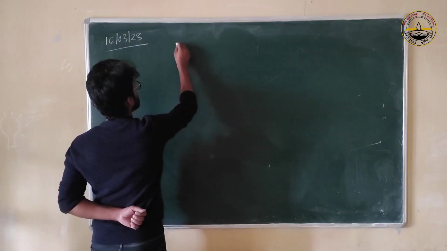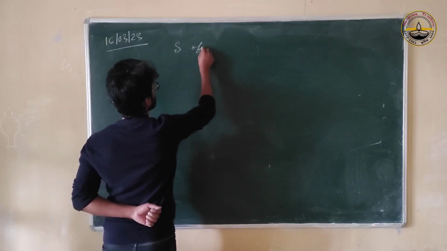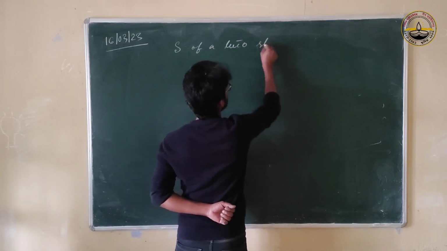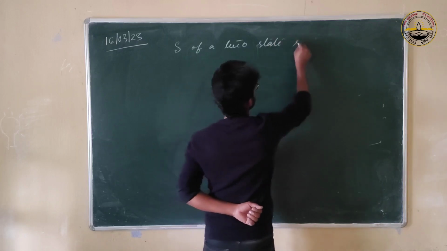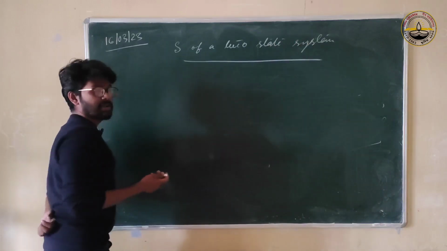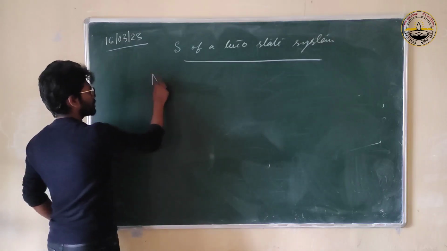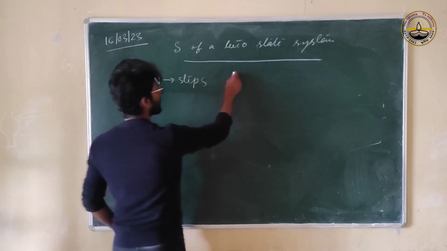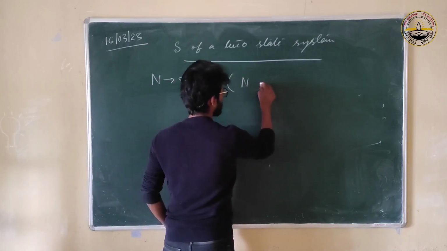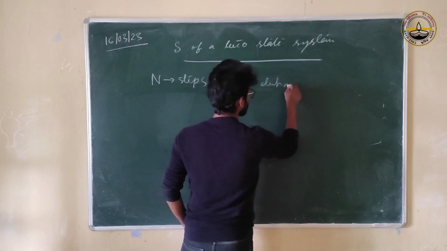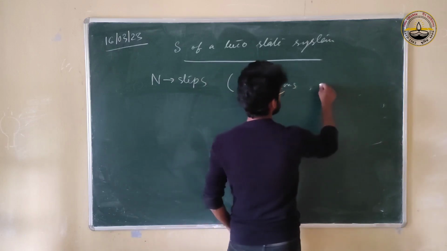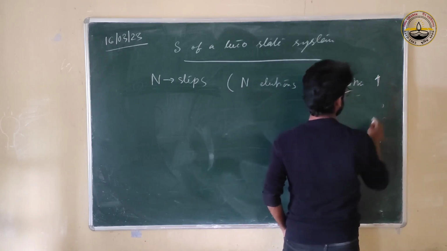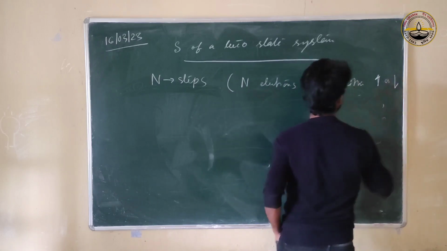We calculated the entropy of a two-level or two-state system. It was like a random walk problem. If there are a total number of N steps, or equivalently, N number of electrons with spin either up or down.